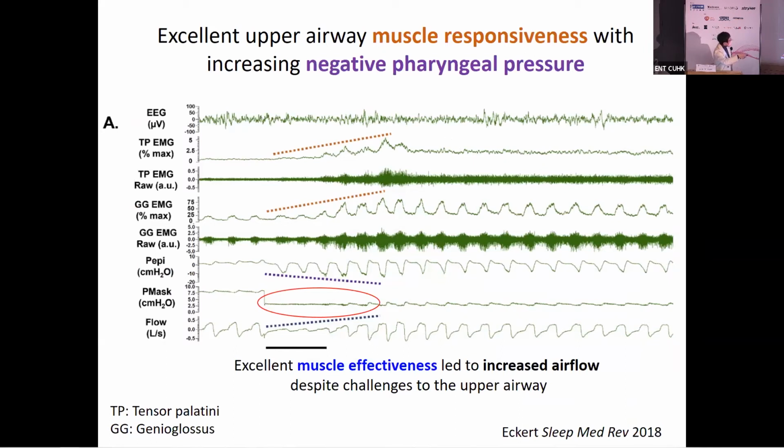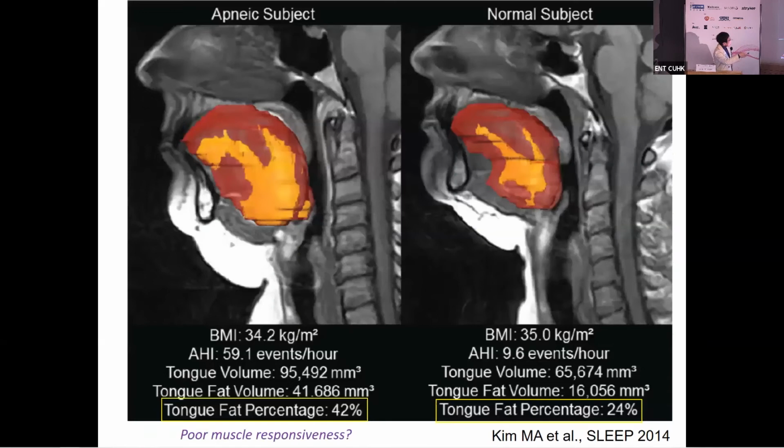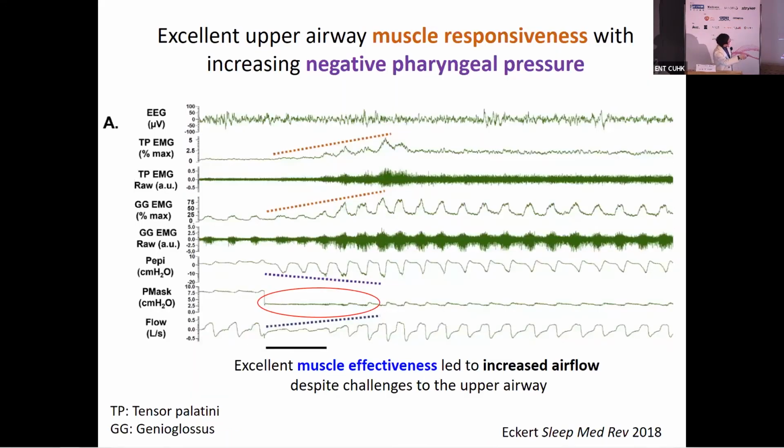And when it drops to 0, naturally, your tensor palatini and your genioglossus act in concert, in synchrony, so much so that flow is restored even before your pressure goes back to the therapeutic level.